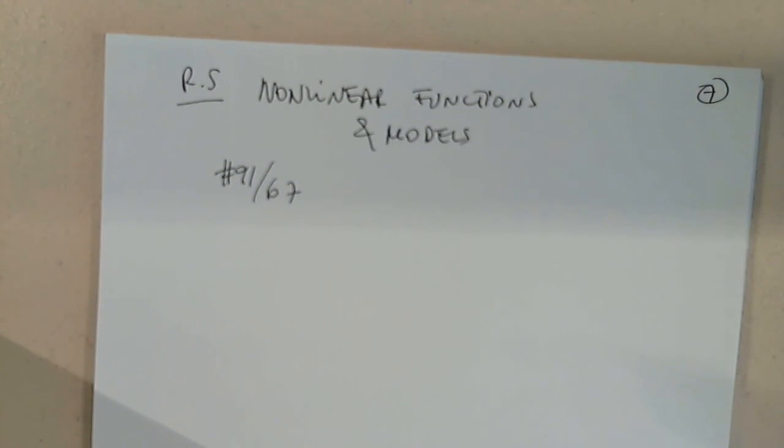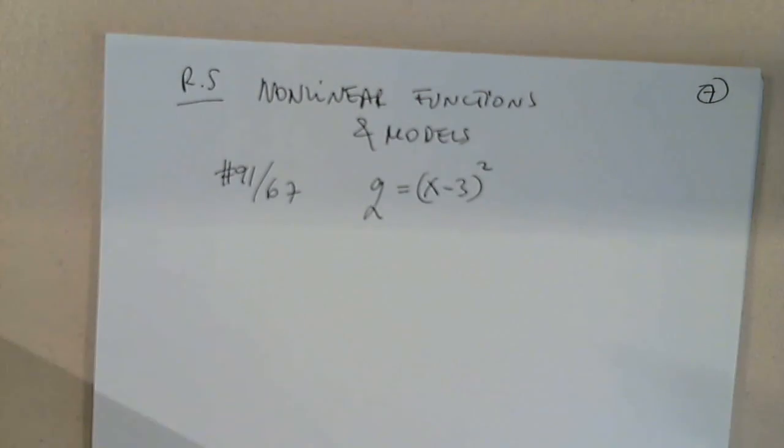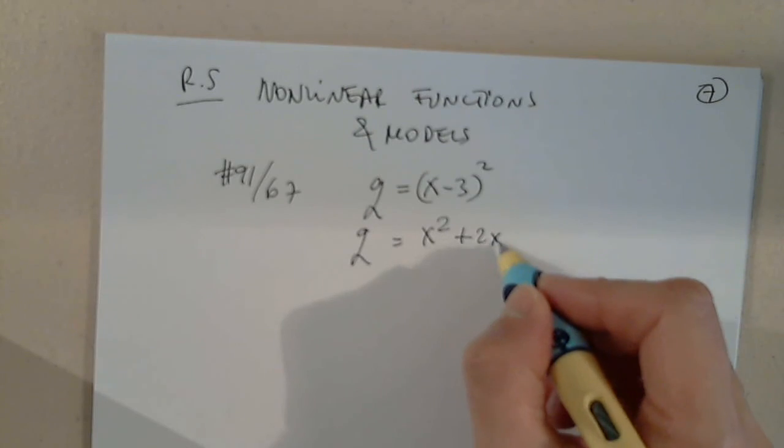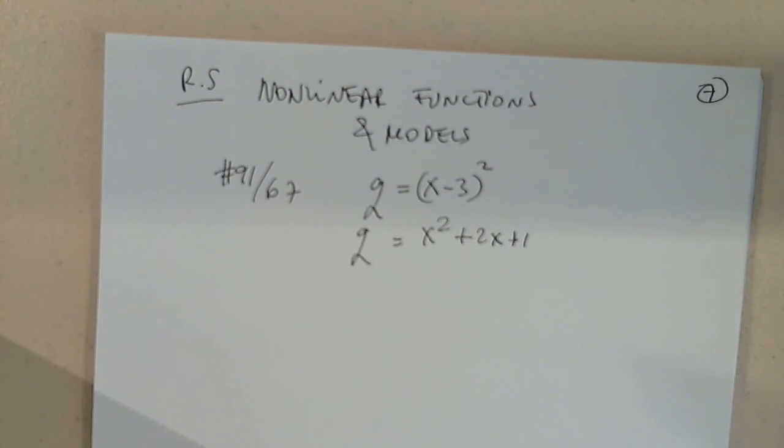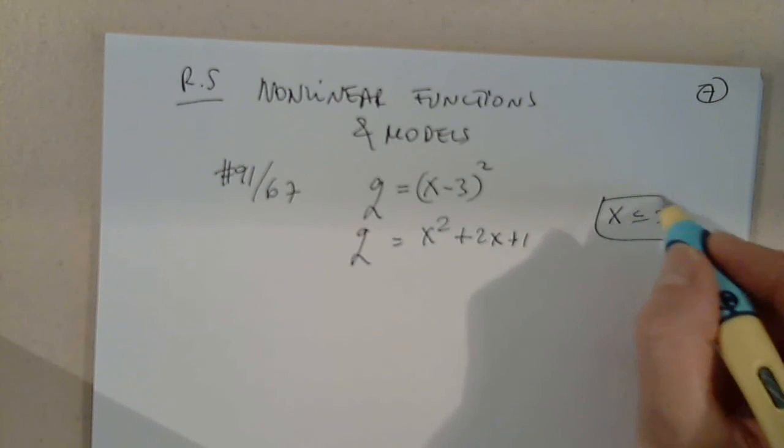Please read the section. The demand function is given as Q equals x minus 3 squared, and the supply function is given as Q equals x squared plus 2x plus 1. Assume that x is less than or equal to 3.